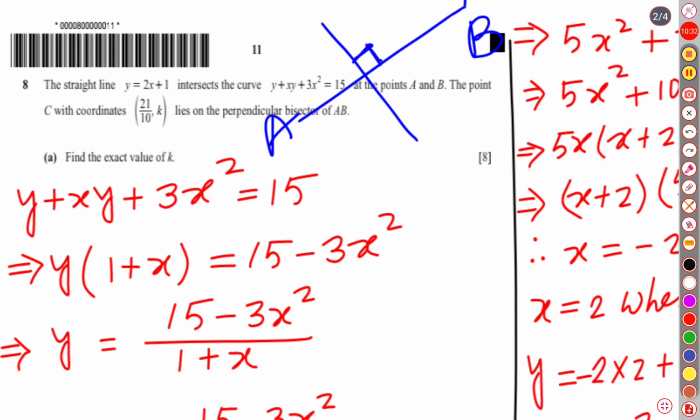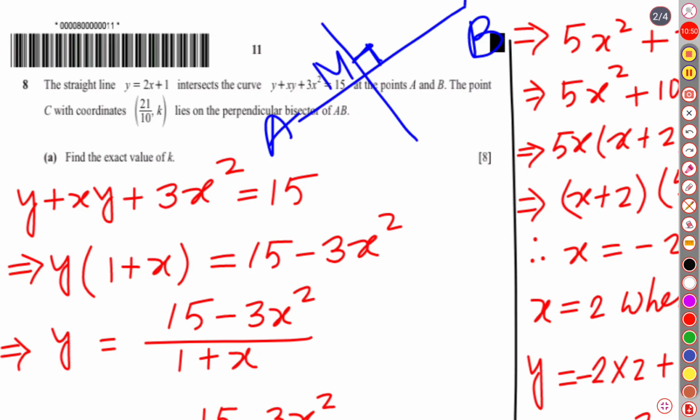Suppose this point is P, or you can term it as M also, because this is the midpoint, this is M.